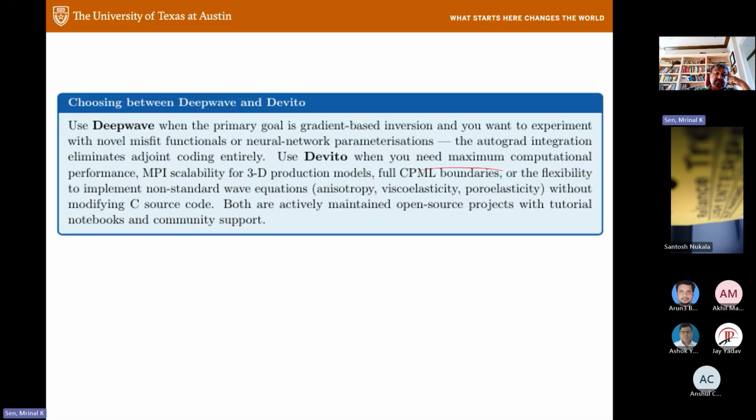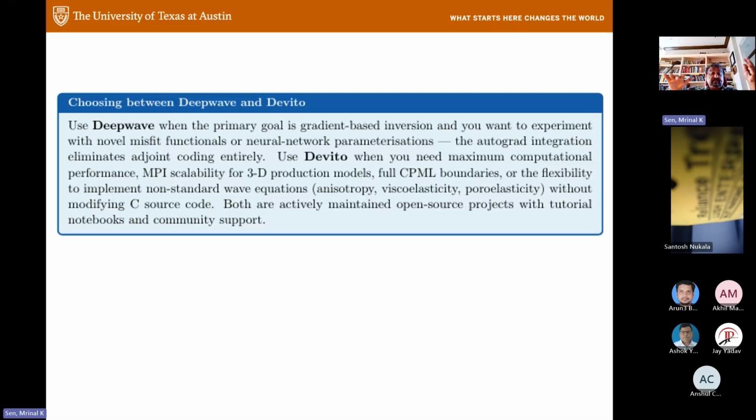And I'm not supposed to tell you this, but I won't name the company, but some companies are actually using Devito-based codes for FWI for production purposes. And so Devito is very good for large-scale simulation and inversion because it has a lot of options.